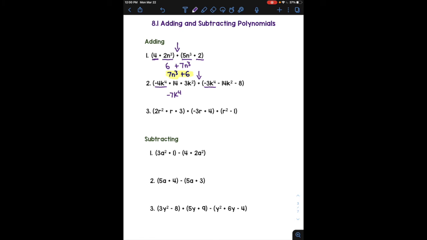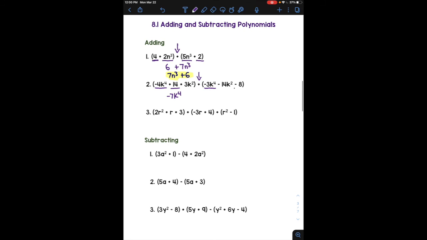Moving on to the next term in the first trinomial, we have the number 14, and I'm going to add it to the like term in the second trinomial, which is the negative 8. Positive 14 plus negative 8 is going to get us positive 6. And lastly, 3k squared plus the like term for that, negative 14k squared, will give us negative 11k squared.